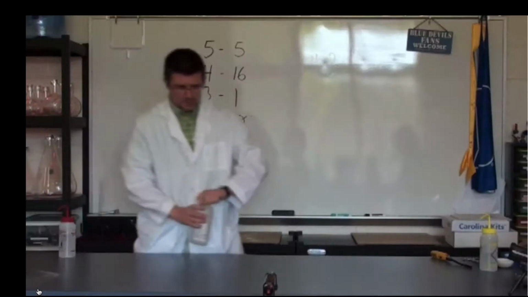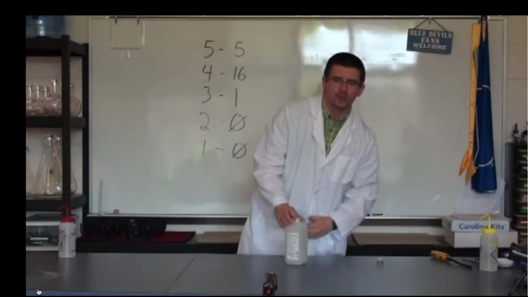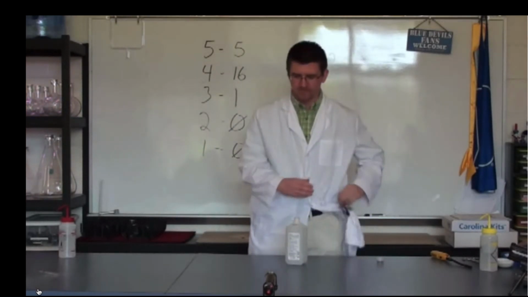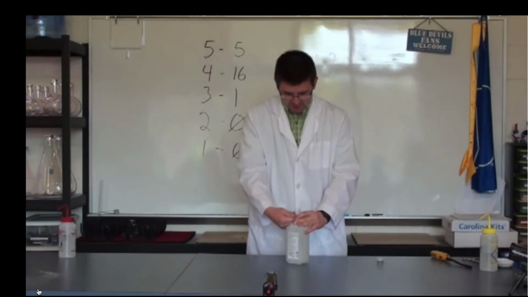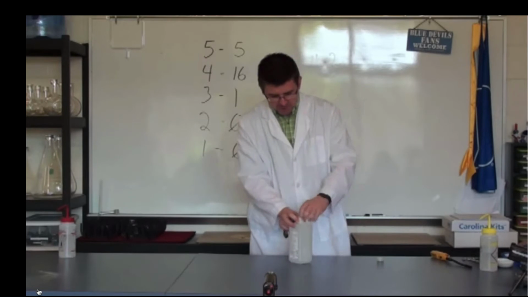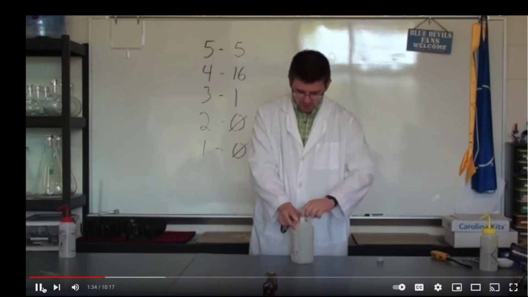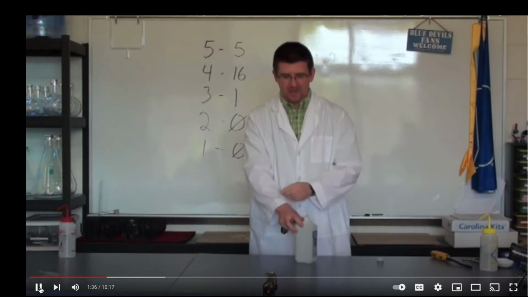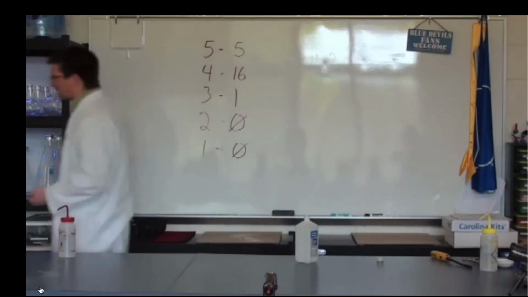So as it evaporates, it's changing from what to what? What's happening when something's evaporating? It changes to gas. Yeah, it changes from a liquid to a gas, right? So it's actually the gas, the vapors that come off that are burning. Which goes to say that the faster we can make it evaporate, the better it would burn. Can we agree with that? Yes, sir. Okay, let's see if that's true.